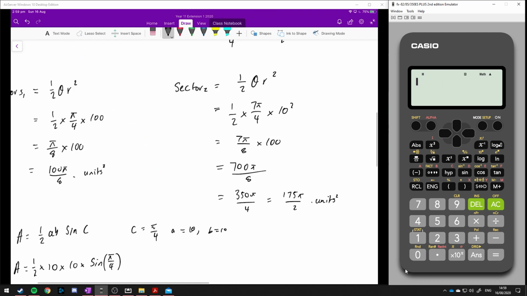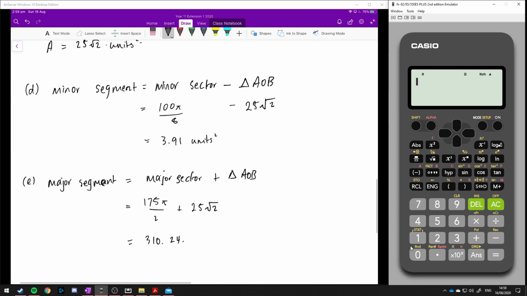So essentially, the minor segment, so it should be 100 pi on 8 minus 25 root 2, plus 175 pi on 2 plus 25 root 2.